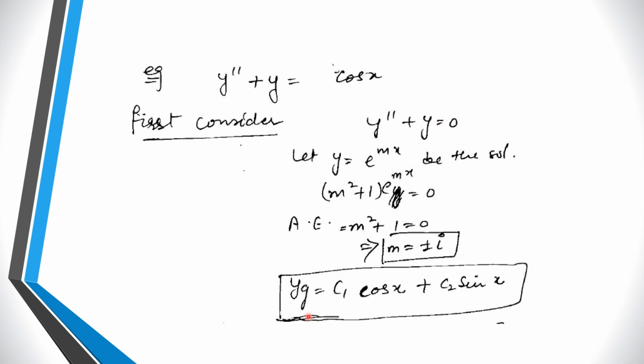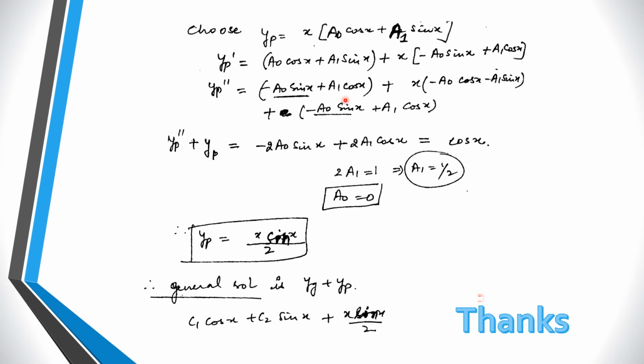So we choose yp to be x times the undetermined coefficients a0 cos x plus a1 sin x.